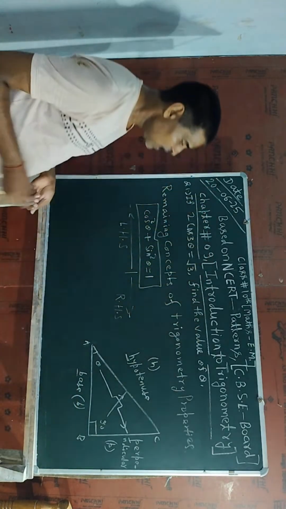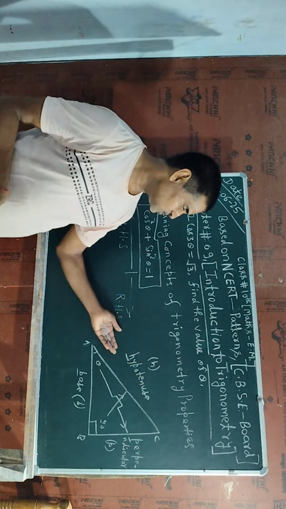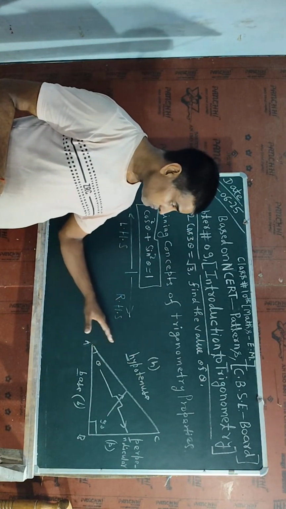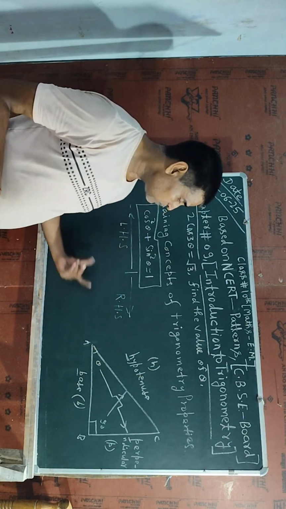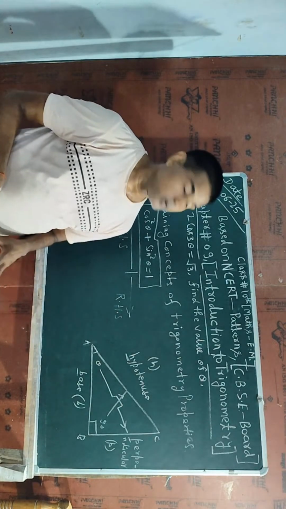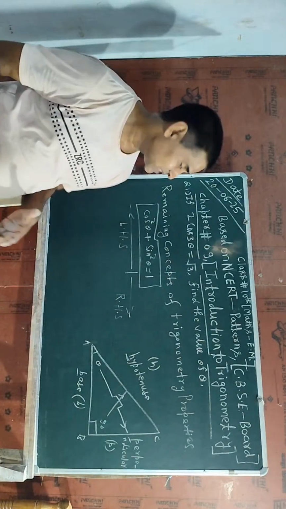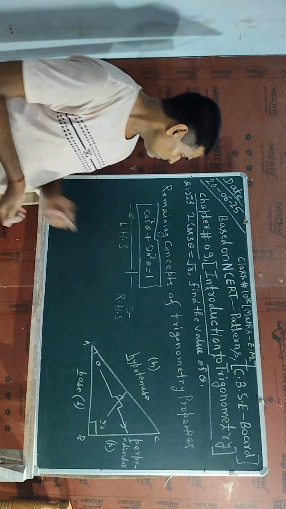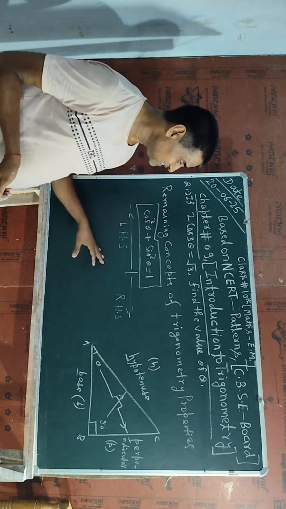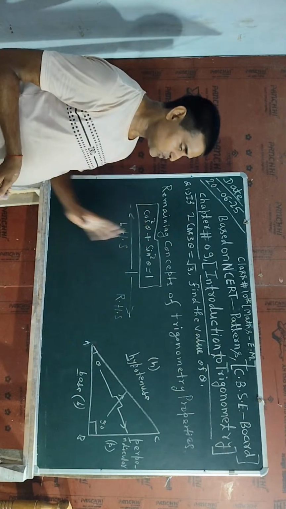Okay. Now here I will apply Pythagoras theorem, and then I will prove cos square theta plus sin square theta equals 1, meaning left hand side and right hand side are both proven at a time. My requirement is also that you take one and prove cos square theta plus sin square theta.